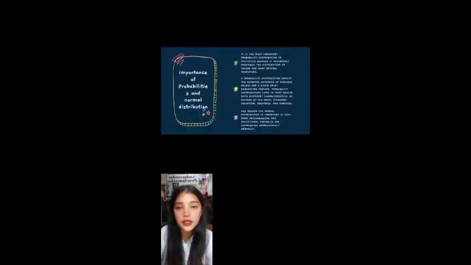Importance of probabilities and normal distribution. Number 1. It is the most important probability distribution in statistics because it accurately describes the distribution of values for many natural phenomena. Number 2. A probability distribution depicts the expected outcomes of possible values for a given data generating process.